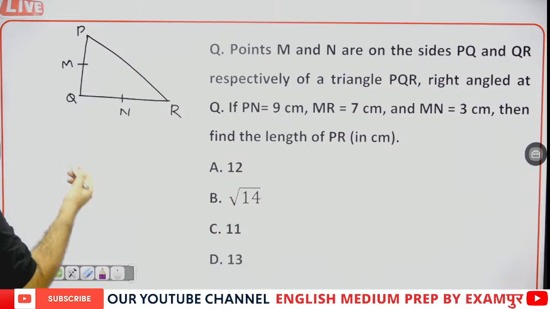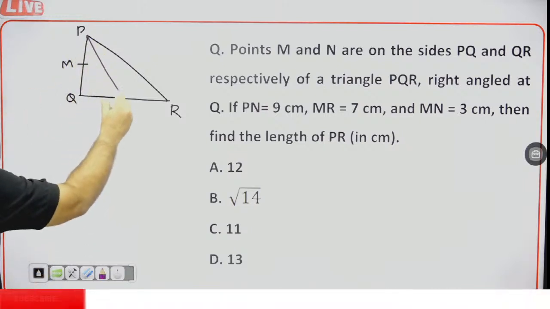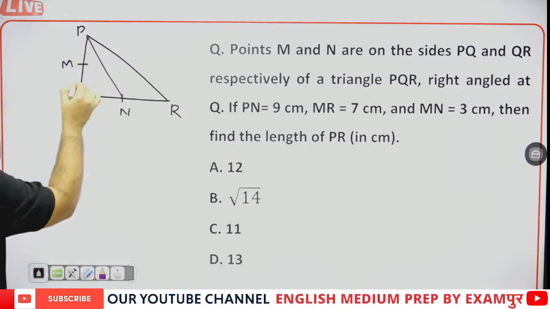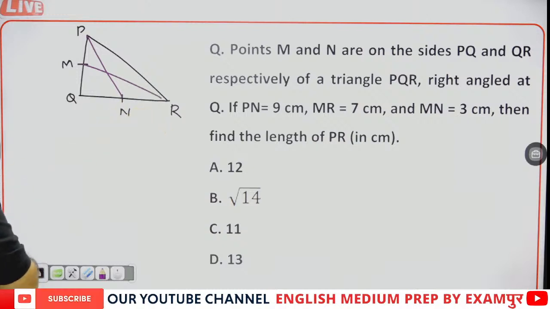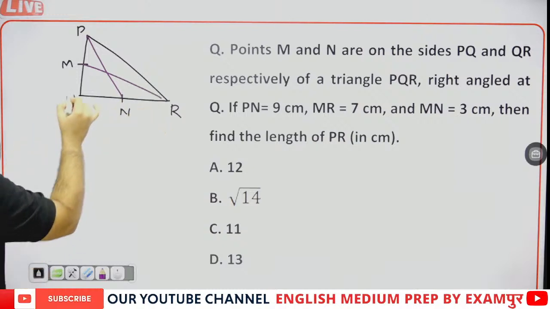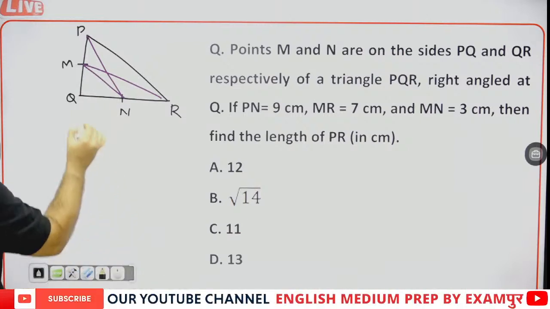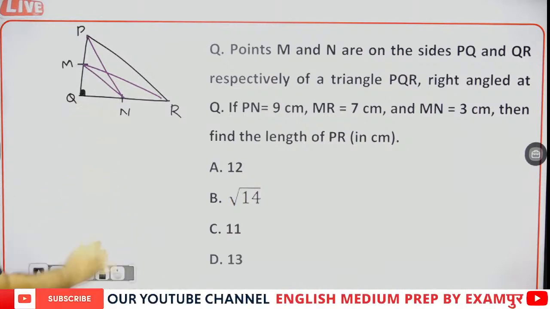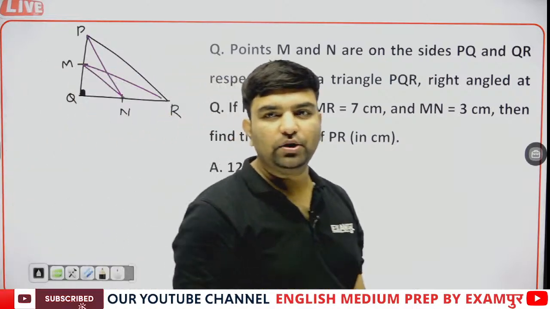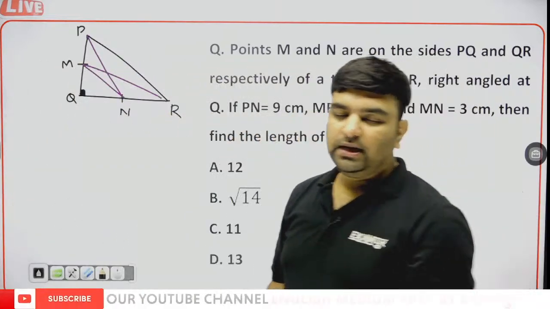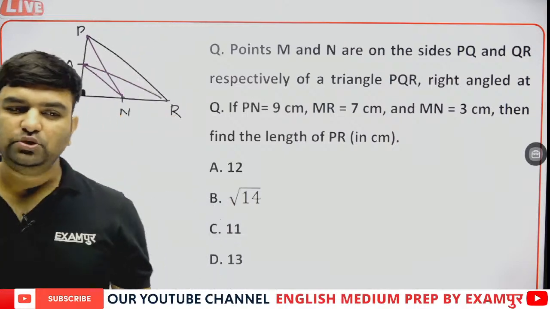PN is 9, MR is 7, MN is 3. Obviously 100% looking like a Pythagoras question. Just apply the Pythagoras multiple times, you will get to the answer.